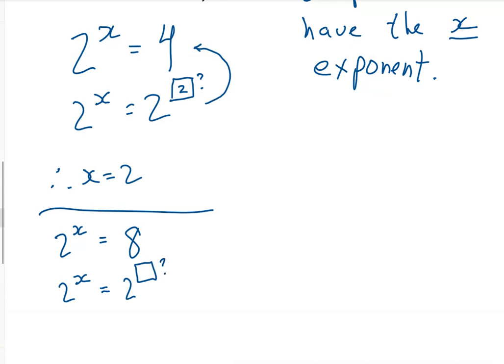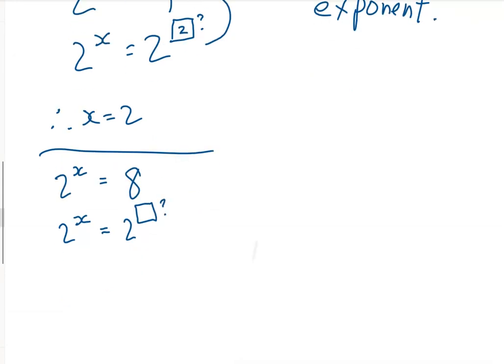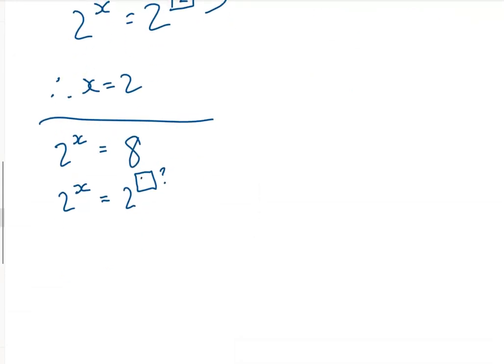What exponent do I have to write it as a power of 2? Because the 2 to the x means I have to be able to write the other one as 2 to the something. It'll always work out that way. And you put a 3 in there to make it equal the 8. And you say, therefore, x equals 3.